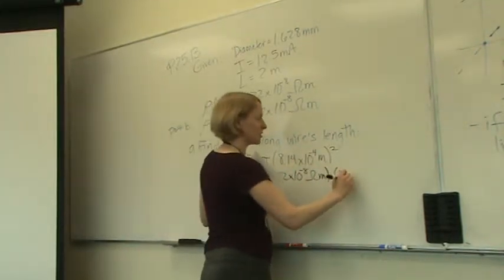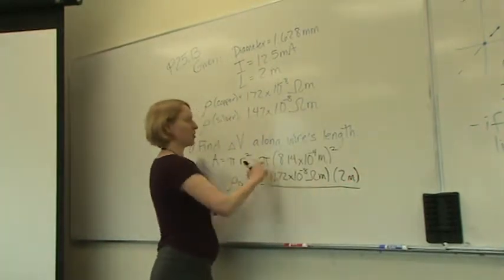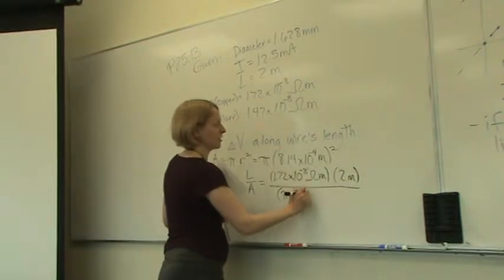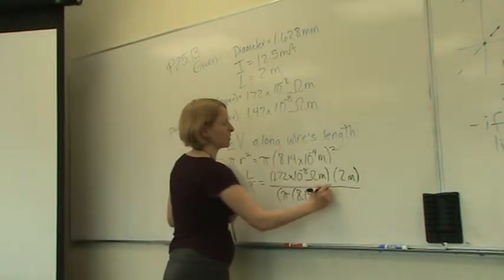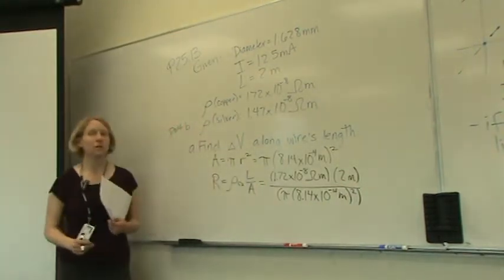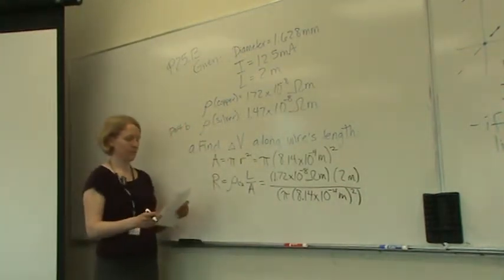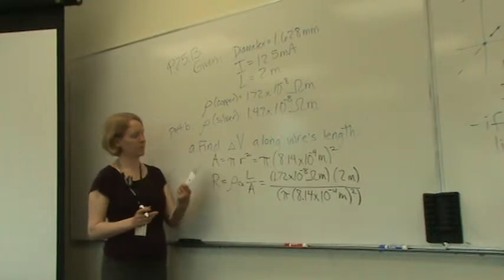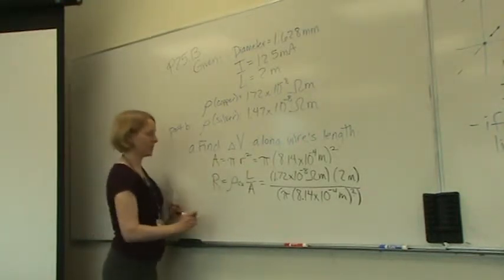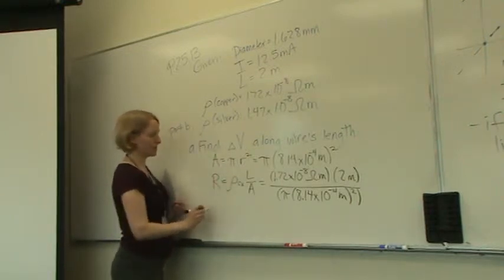Length is 2 meters. And then you can plug in the value you got for area, or you can plug in this whole equation, pi times 8.14 times 10 to the minus 4 meters squared. Yeah. 1.65 times 10 to the negative 3. Okay. Yep. And so once you get your resistance, then what did you do?